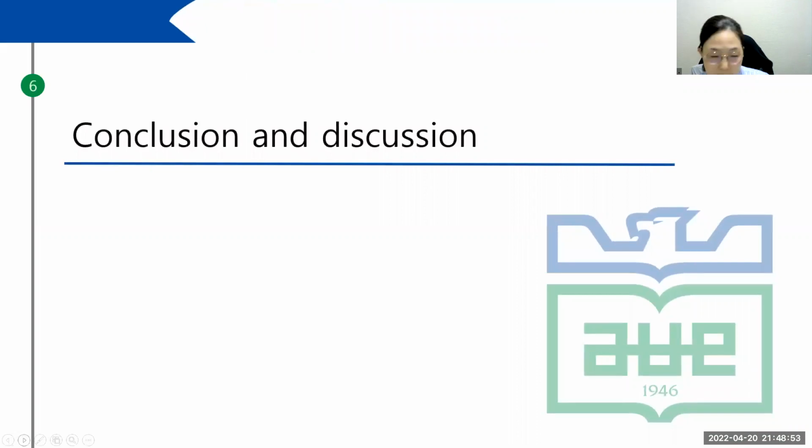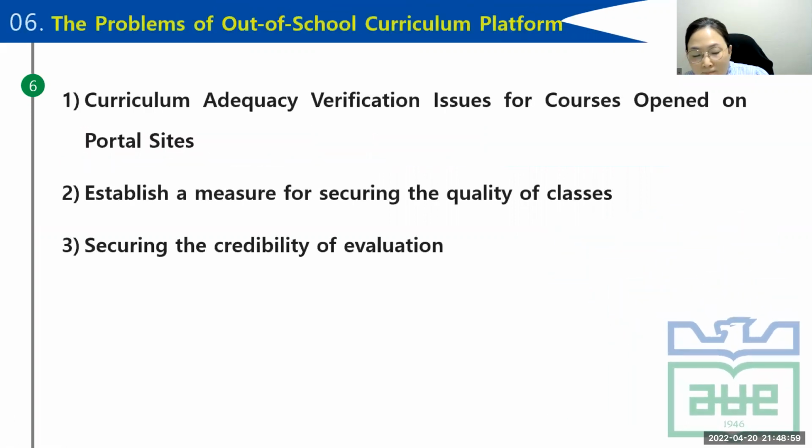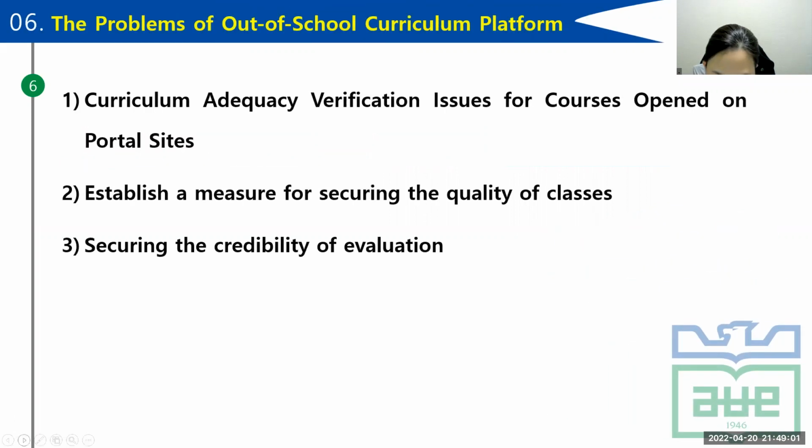And now, let me wrap it up. The conclusion. The issues that the out-of-school curriculum portal platform should solve are as follows. The first is suitability verification of subjects opened on the portal site.